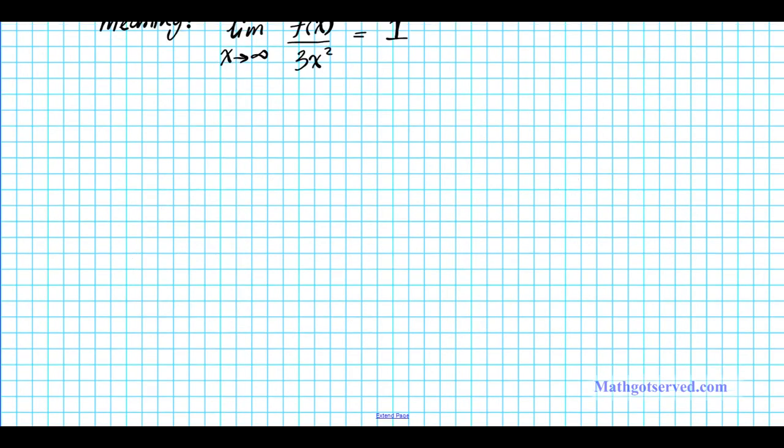Alright, now let's take a look at the B part. For the B part, we are going to be looking for the simple basic function for the left-hand behavior.